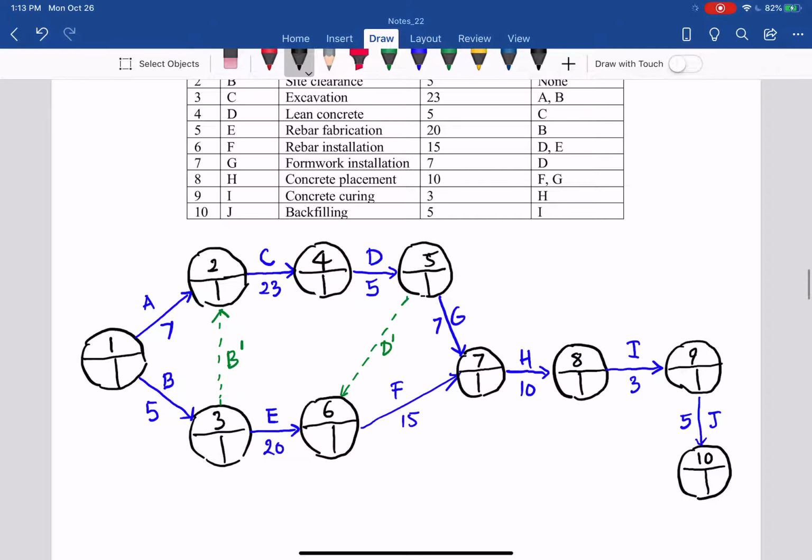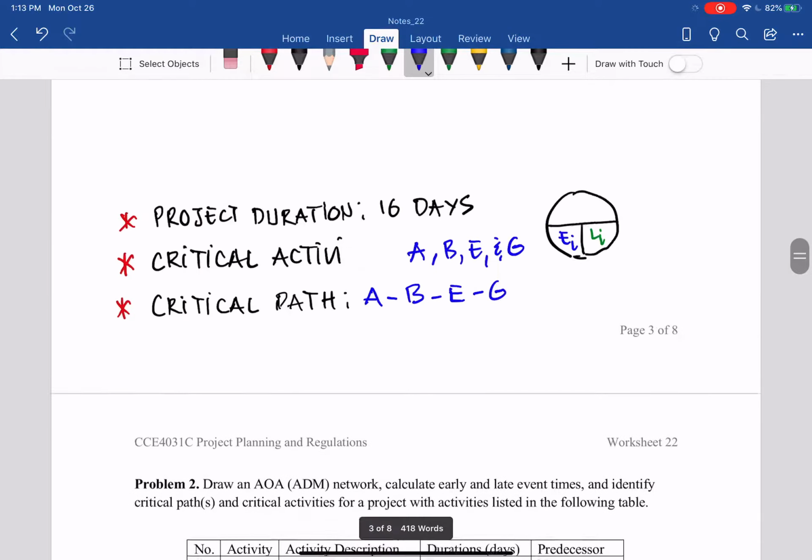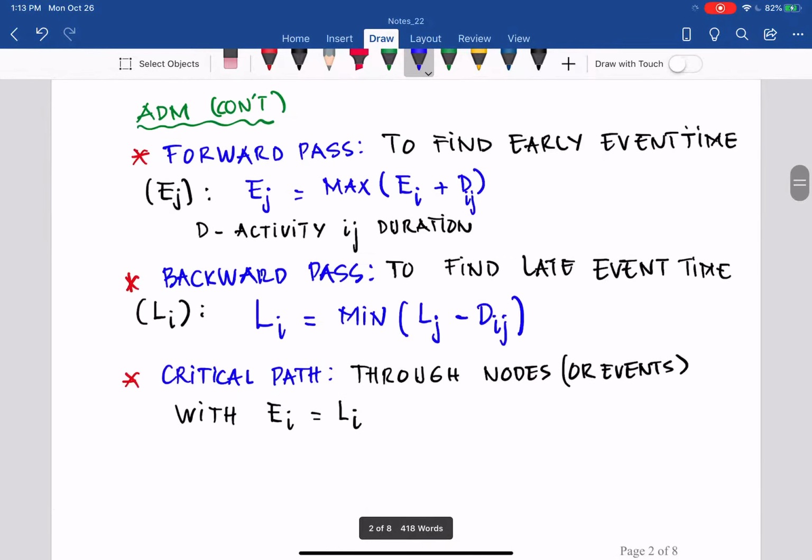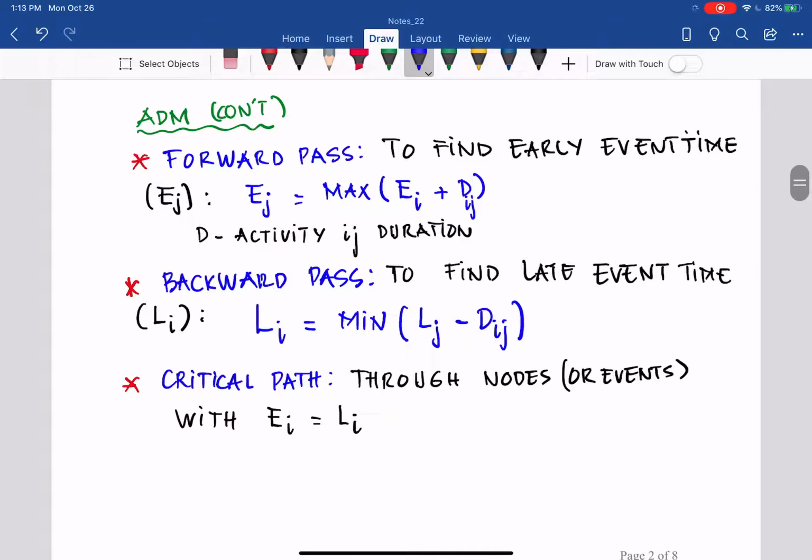Let's go with the forward pass first, from left to right. If you recall, going forward we find the early event time using addition and maximum. Going backward, from right to left, we find the late event time using subtraction and minimum.